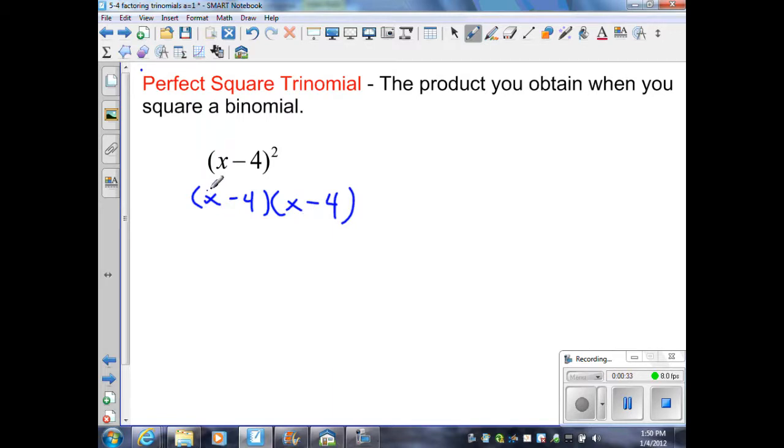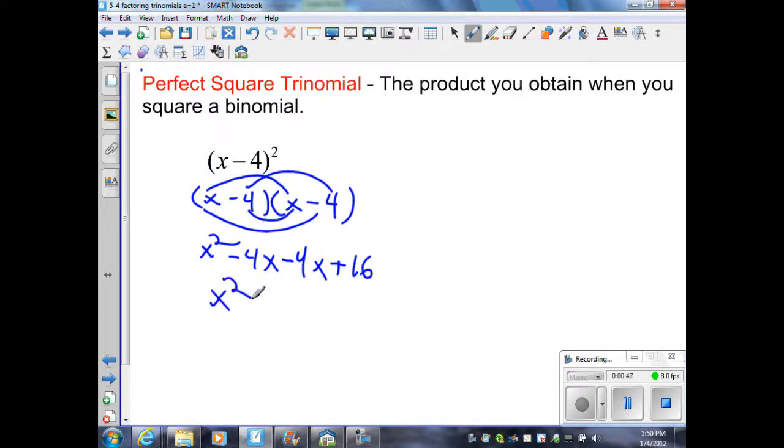Then I would simply FOIL: x squared minus 4x minus 4x plus 16. And I would get a trinomial of x squared minus 8x plus 16. And we have been factoring trinomials that look like this, but what we want to do is end up with a binomial squared.